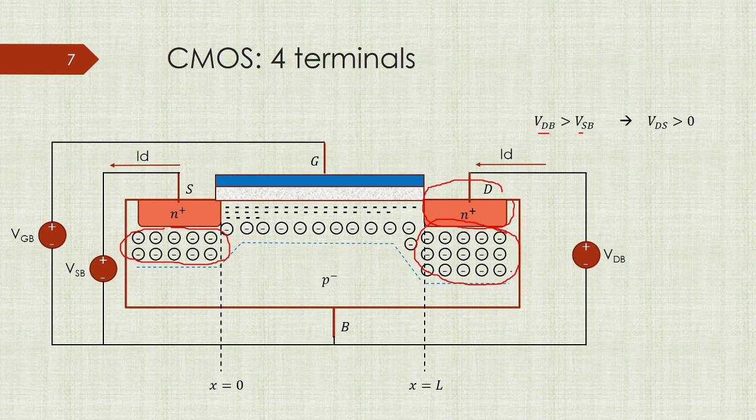So with a greater depletion region here, we will have fewer electrons close to the drain and more electrons close to the source. As you see, we have created a gradient of electrons, and if we have a gradient, then we can generate diffusion current.